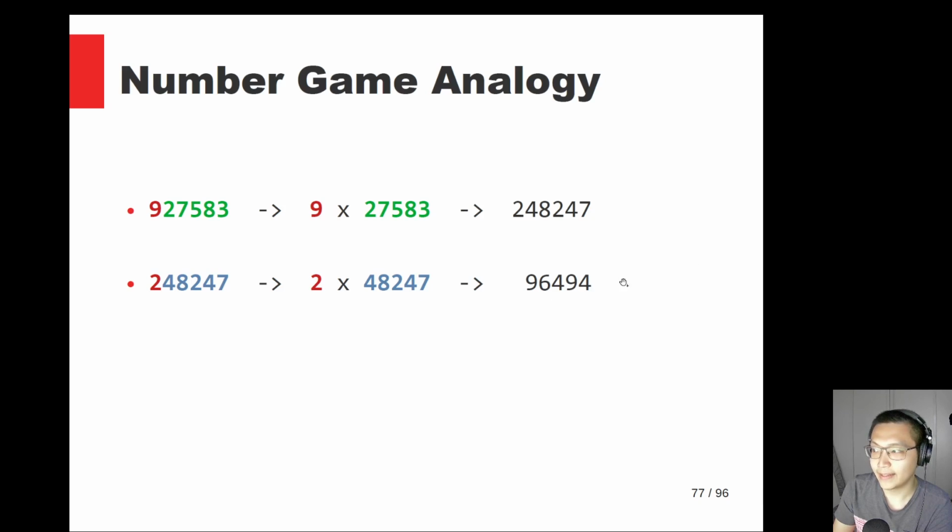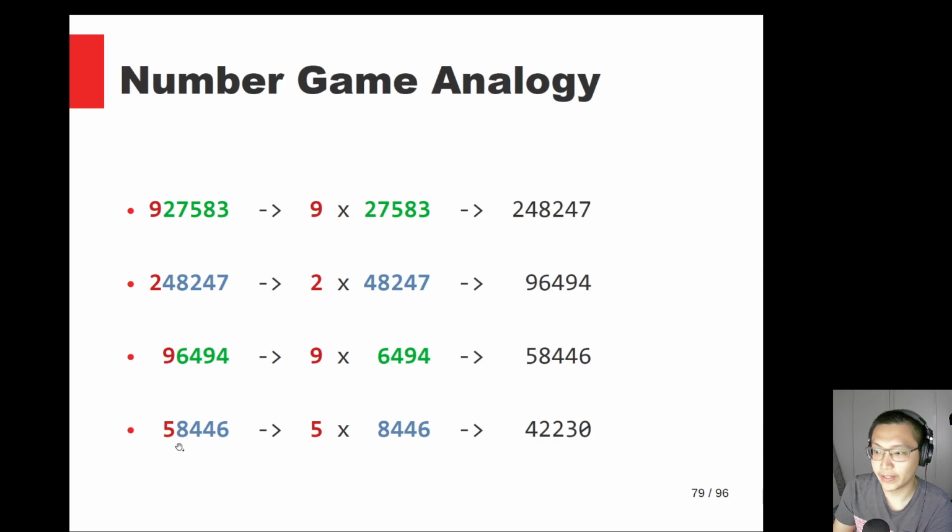Then again, in the next step, you take the number 9 from 96494 and multiply again. You continue this, 58446 gives you 42230. So the more steps you do like this, the smaller your number gets. This is an analogy of how the process works, a first exposure to how it works.